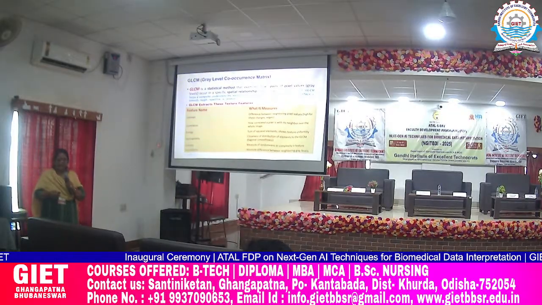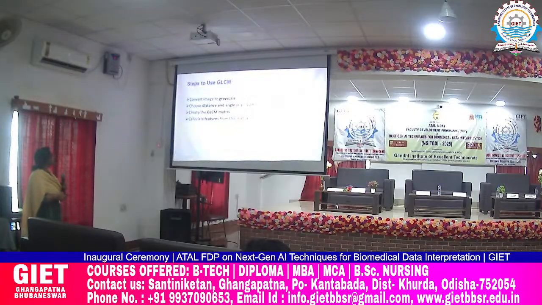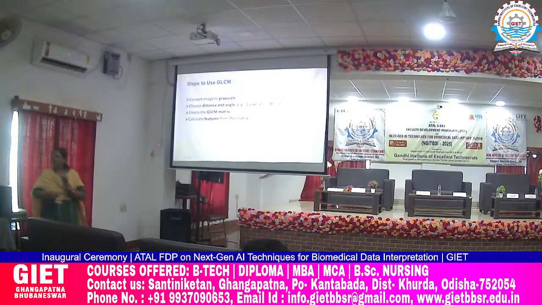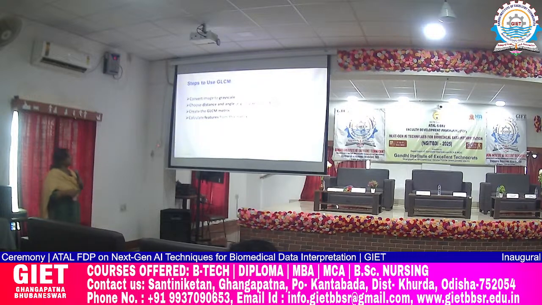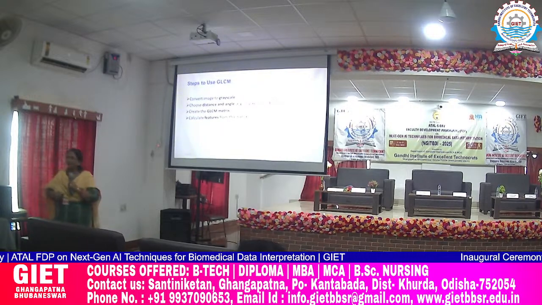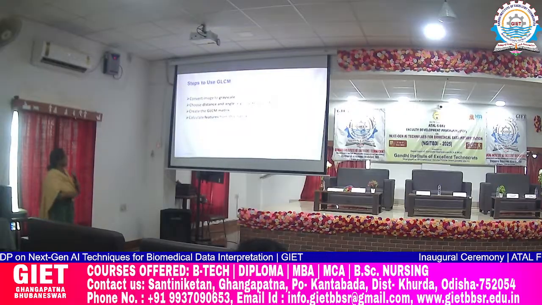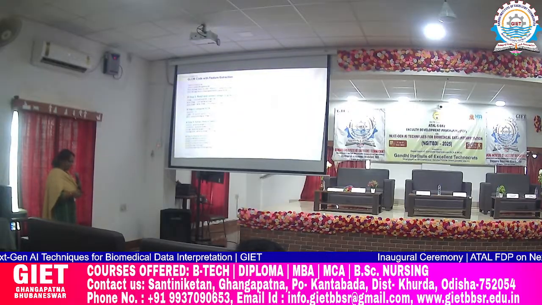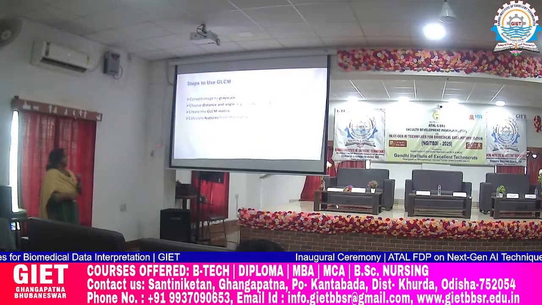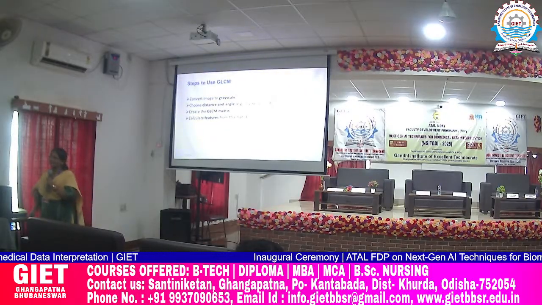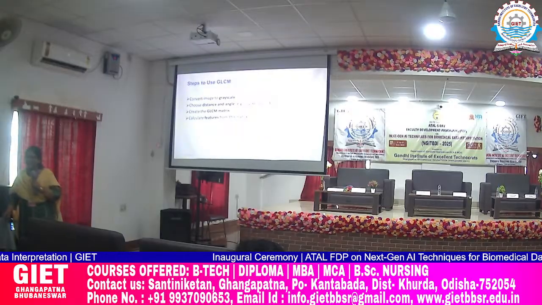So it is clearly written. Next is the step to use the GLCM. I will always suggest that you use the GLCM feature, that means gray level co-occurrence matrix. It is better to use that one for your image. What are the steps for GLCM? I'll explain only this one.